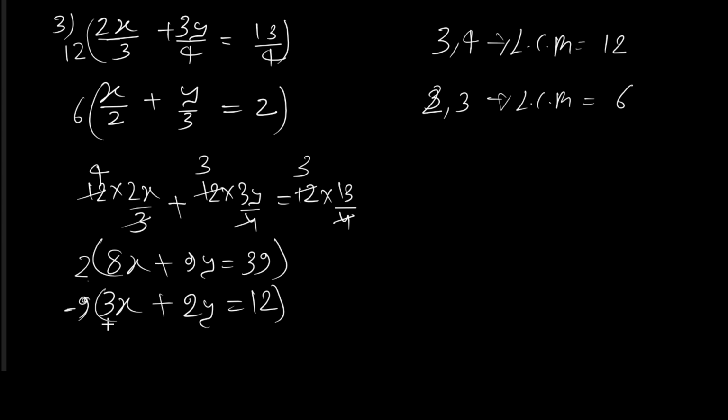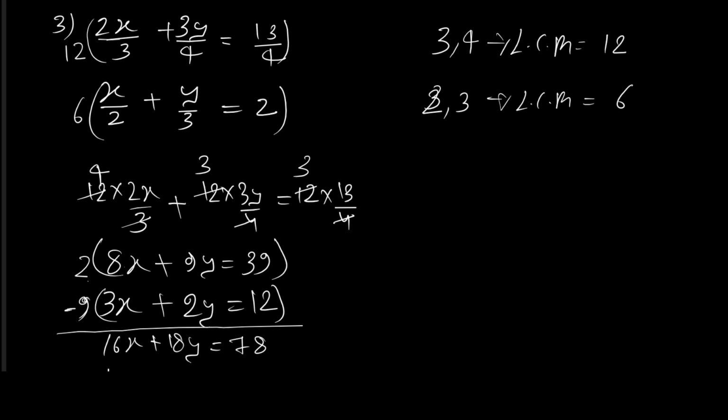So let's do it. 2 times 8 gives us 16x, and 2 times 9 gives us 18y, equals 2 times 39, which gives us 78.